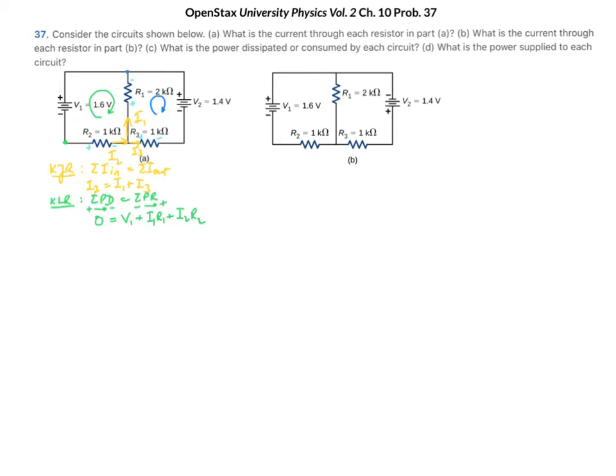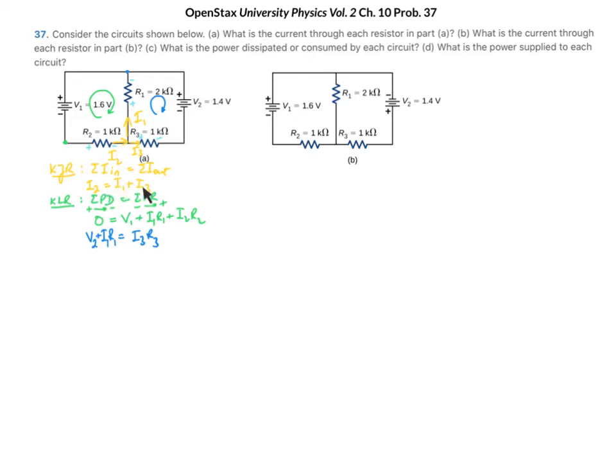The first thing that I'm encountering is V2, and that's a drop. So I have V2 on this side, and then I have a rise, which is I3 R3, and then I have a drop, and that's I1 R1. So here I have my three equations and three unknowns.